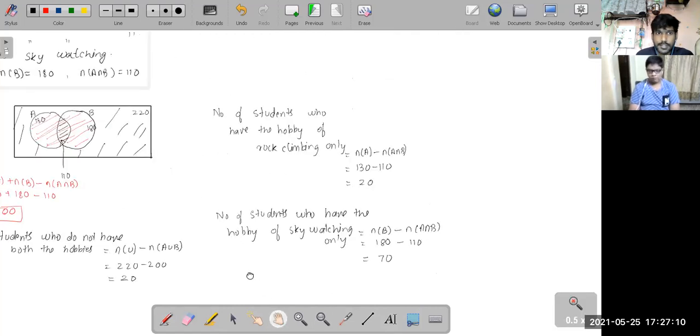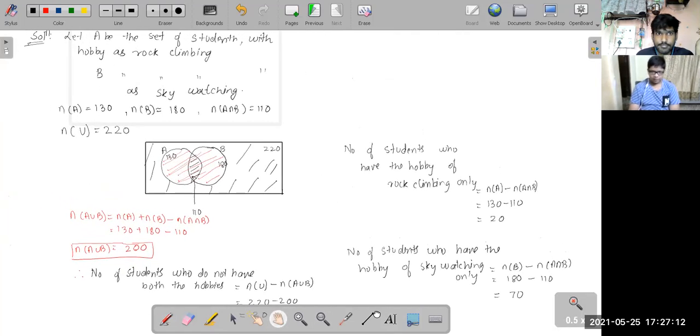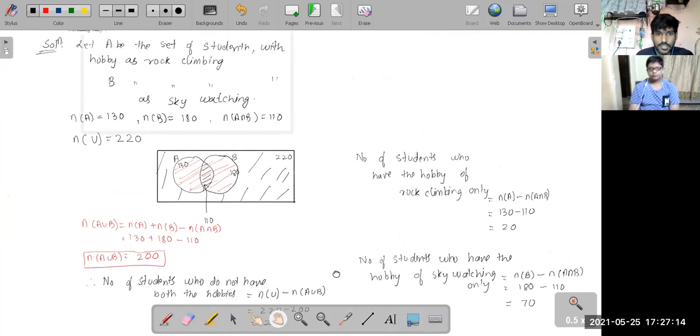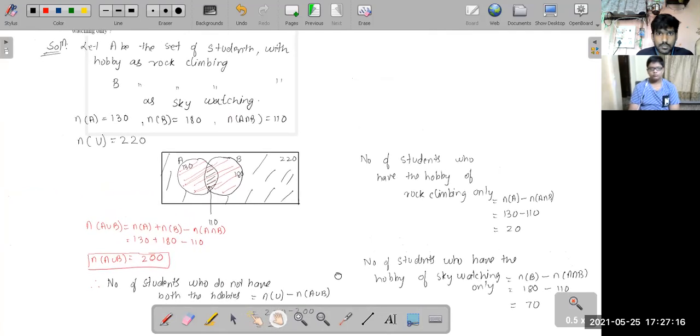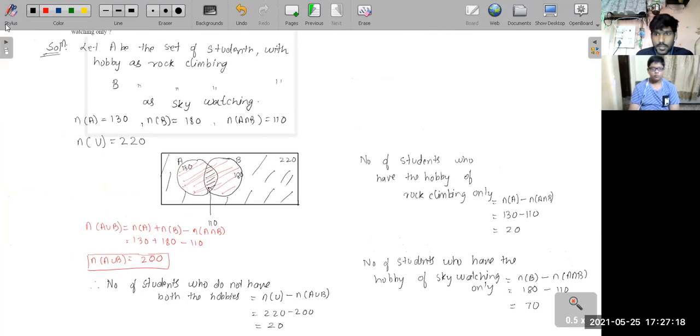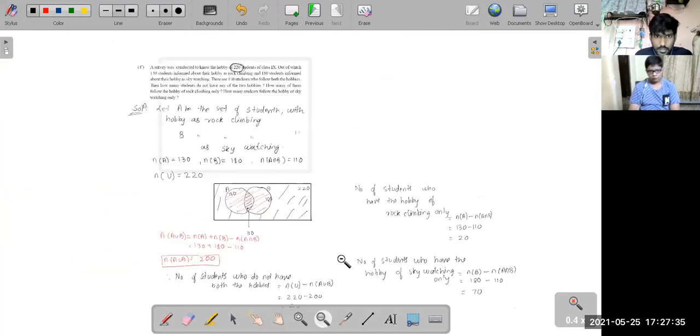Now, is this sum clear? Yes, sir. I want you to go through the sum now. Can you see the entire sum? Yes, sir. I can see the answer. Okay, I want you to read the question also.